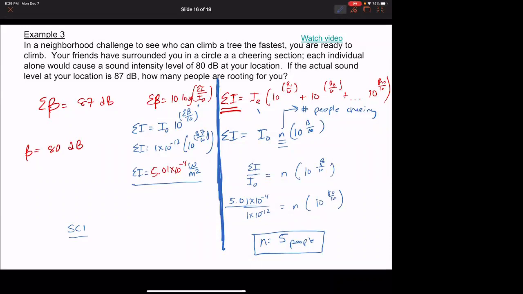Which one is science mode? Is that like grad or something? No, it's SCI. I don't have that. I need a new calculator. Use your phone for these problems. Your phone should put it in scientific notation. Anybody else have questions?